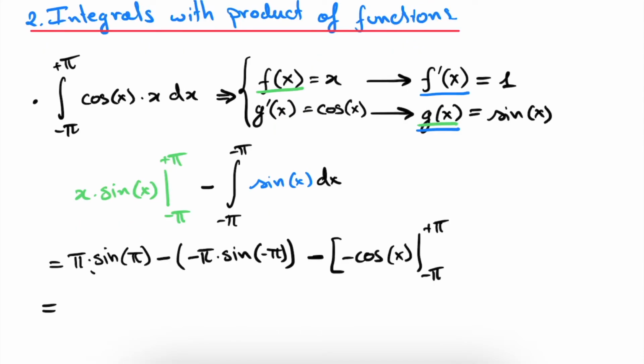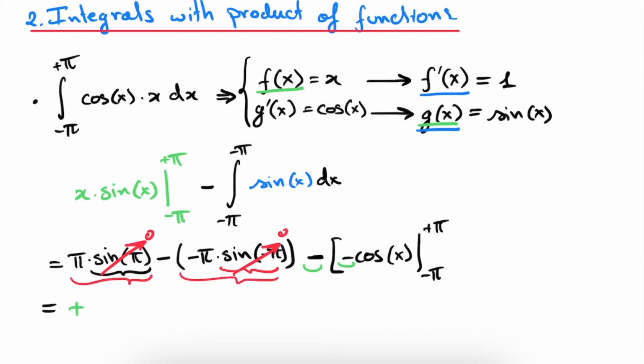Simplifying this, we get that the sine of pi is equal to 0. We have that the sine of minus pi is also equal to 0. So these two terms in front of it just get cancelled out. And in the second term, this minus sign and this minus sign becomes a plus sign.